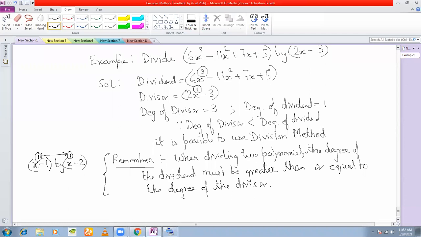So you can carry out the division. Suppose if I tell you to divide x square minus 2x plus 1 by x minus 3, is it possible to carry out the division here? Yes, it is possible, because you see the degree of the dividend here is 2 and the degree of the divisor here is 1. So it is possible to carry out the division.